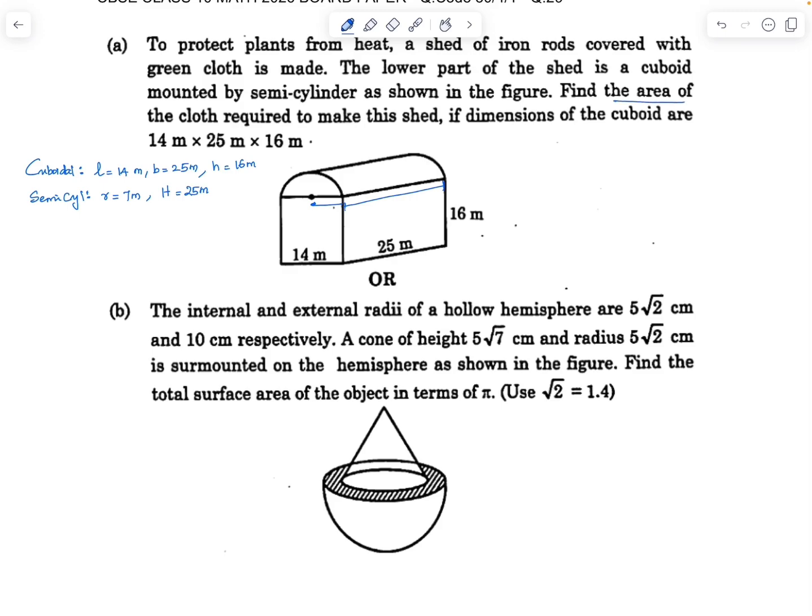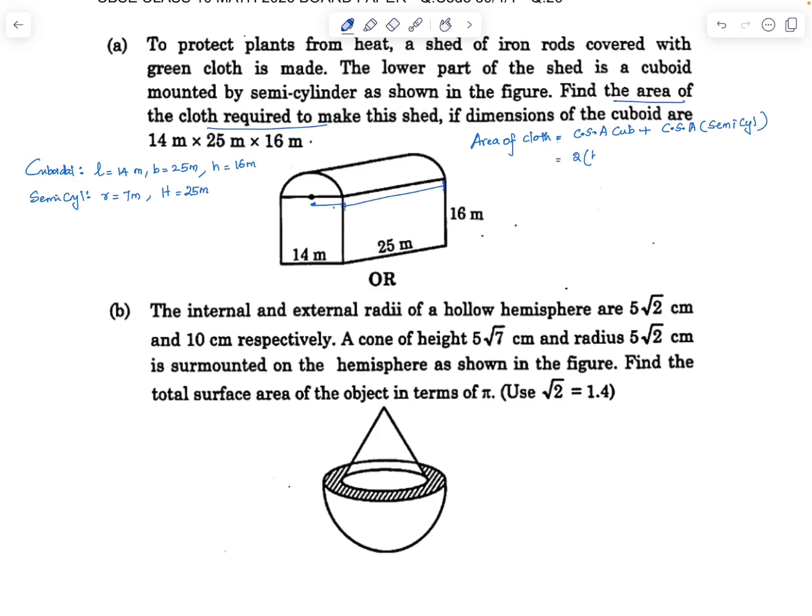We have to find the area of the cloth required to make this shed. So area of cloth is equal to the CSA of cuboidal part plus the CSA of the semi-cylindrical part.